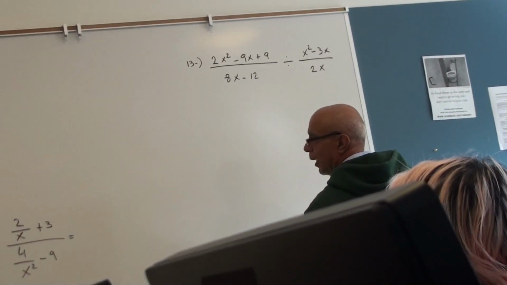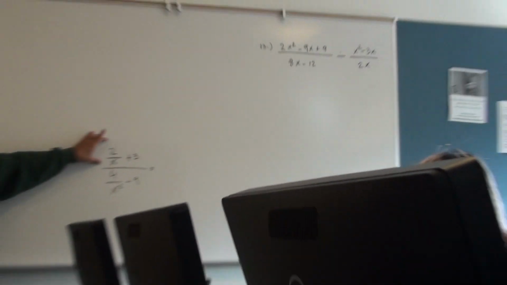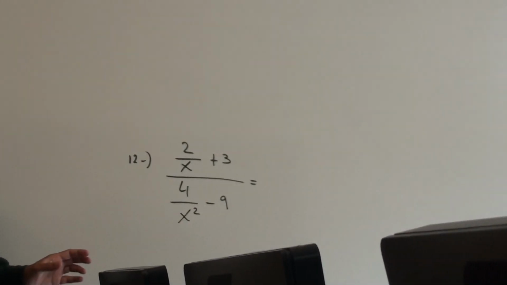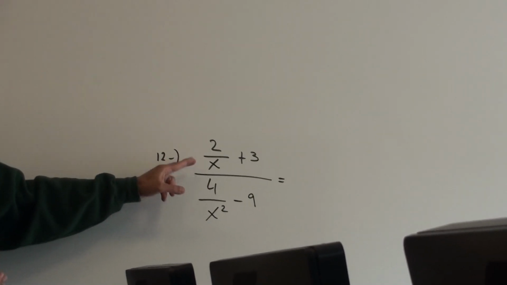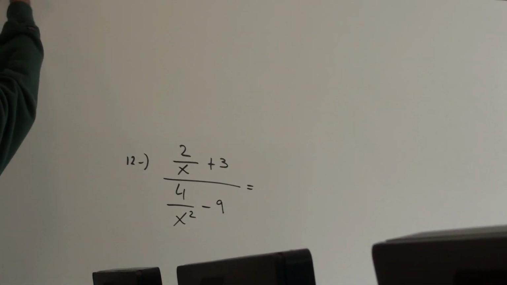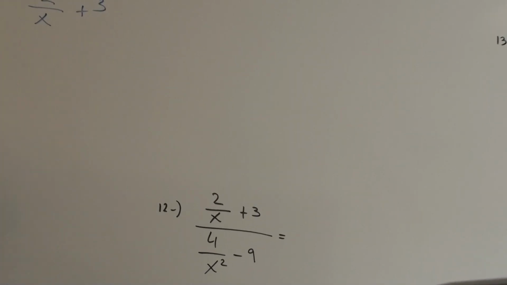Okay. So now we have again a fraction plus a number, another fraction here. How are we gonna solve this? Again, we need to find a common denominator. What is the common denominator here between 2x and 3?